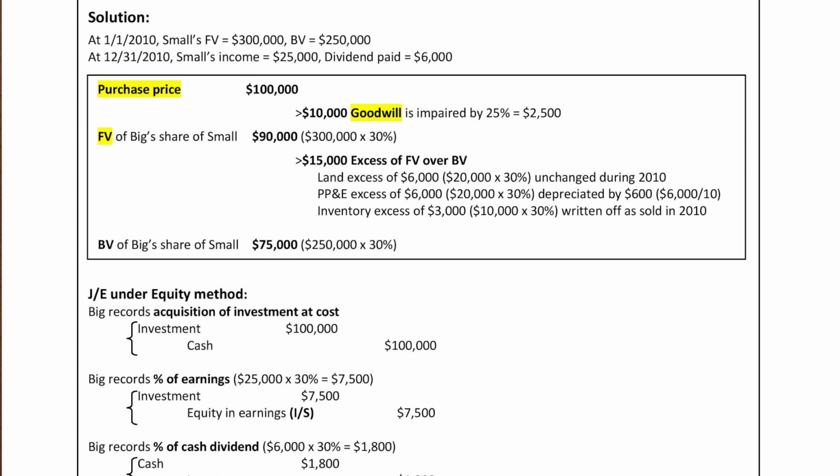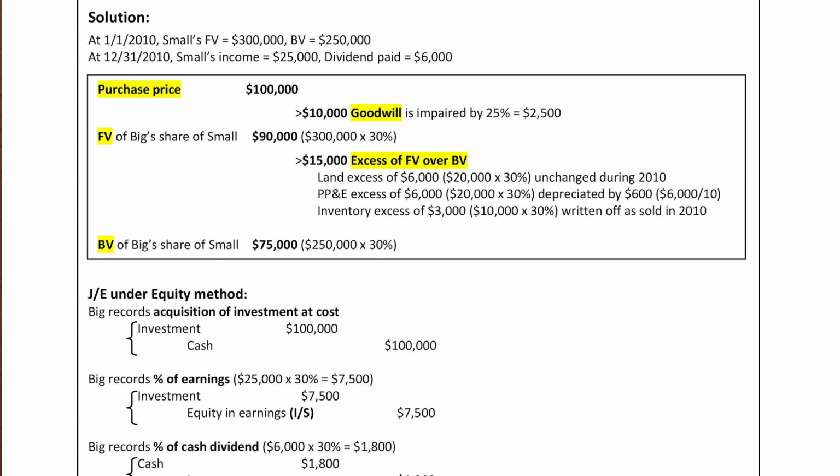The difference between fair value and book value is $50,000, and 30% of that is $15,000, the excess of fair value over book value. The fair value of Big's 30% share of Small is $90,000. However, Big paid $100,000 to acquire that 30%. The $10,000 excess of purchase price over fair value is goodwill.